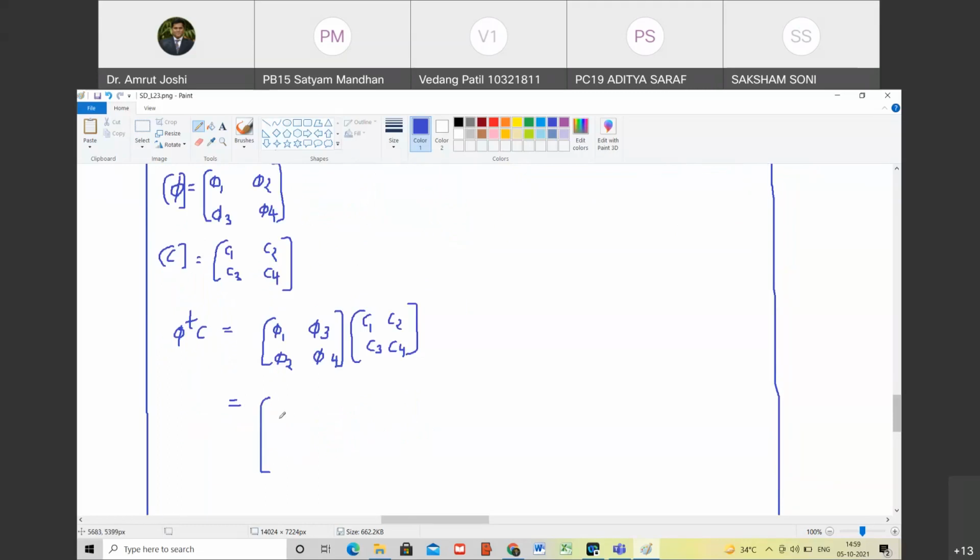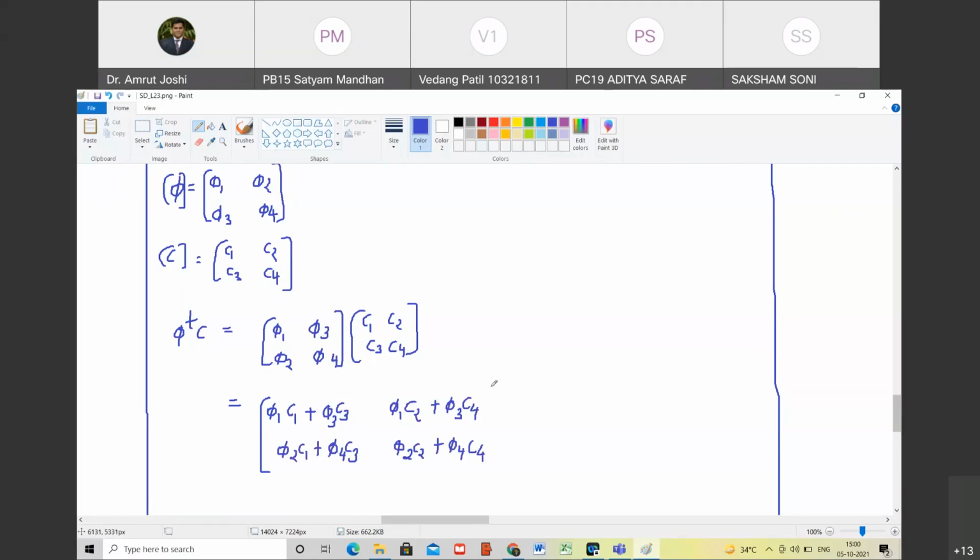So can you simplify this matrix? It is going to be phi 1 C1 plus phi 3 C3, then phi 1 C2 plus phi 3 C4, then phi 2 C1 plus phi 4 C3, and this element will be phi 2 C2 plus phi 4 C4.